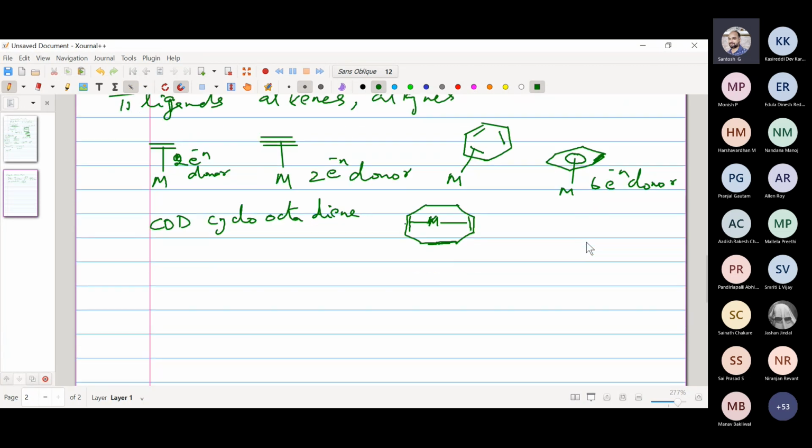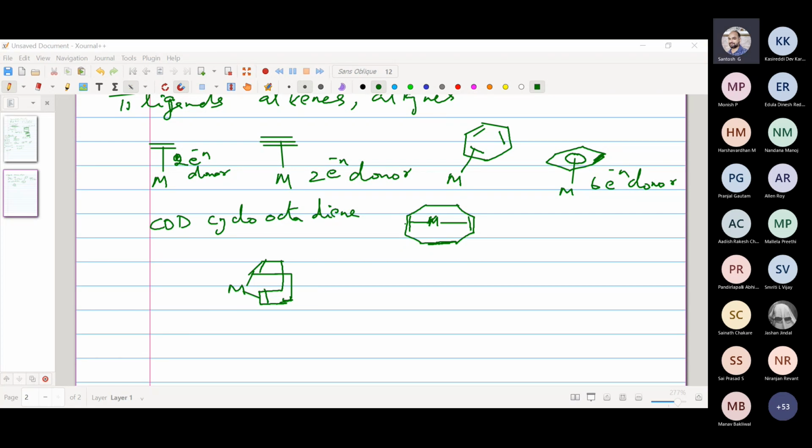So in reality you have a shape like this. The molecule cyclooctadiene folds itself, and the two double bonds donate to the metal. I have drawn it terribly.